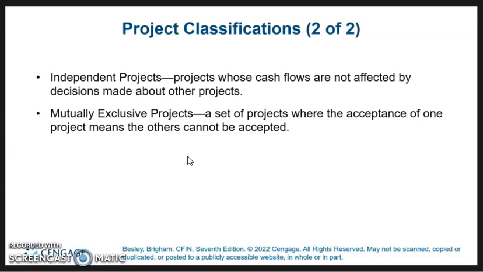Think of a company building a new factory. They're only going to build one factory, and they may have a number of sites that they'll choose from to build that factory, but that decision is mutually exclusive. Think about yourself, most of us, when we're buying a car, that's a mutually exclusive decision.